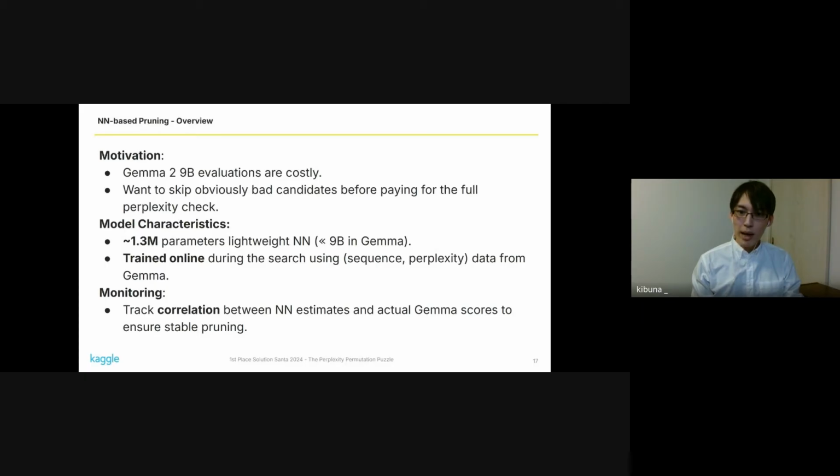The model did not need to predict the absolute scores accurately. Instead, it needed to maintain the correct rankings or correlations among the candidate solutions.